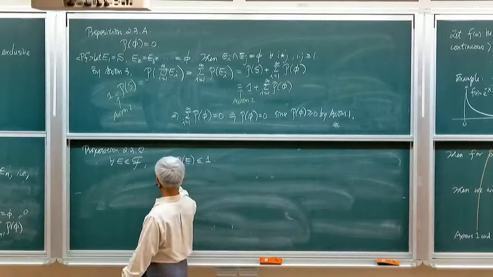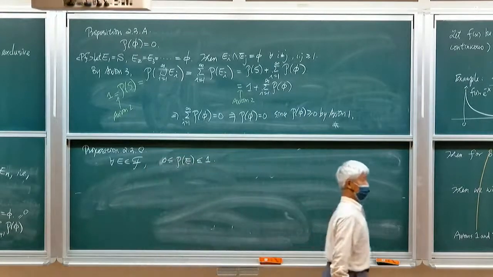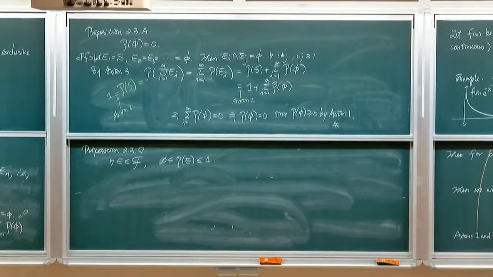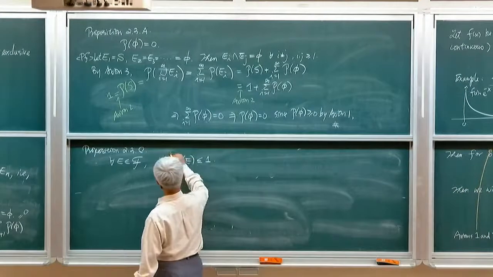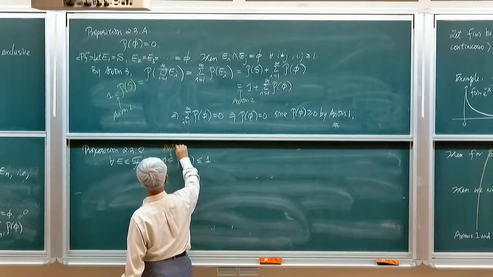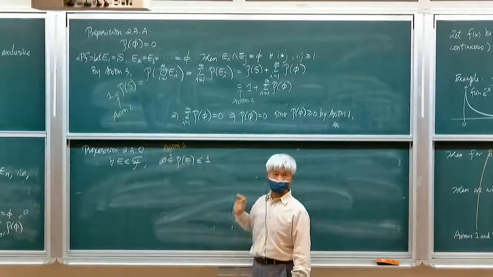The first inequality is from axiom number 1, so there is no doubt. So we need only to prove the second inequality.